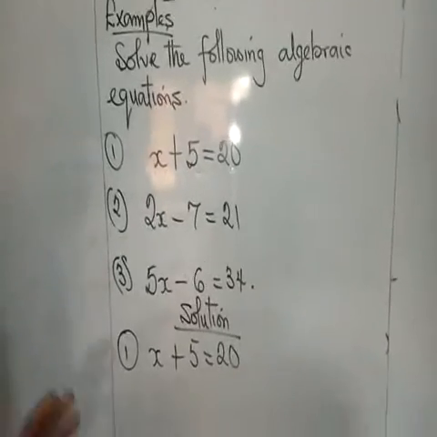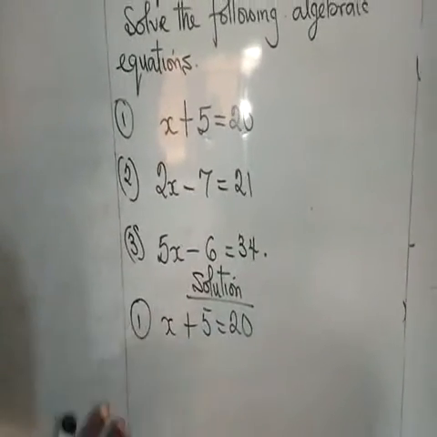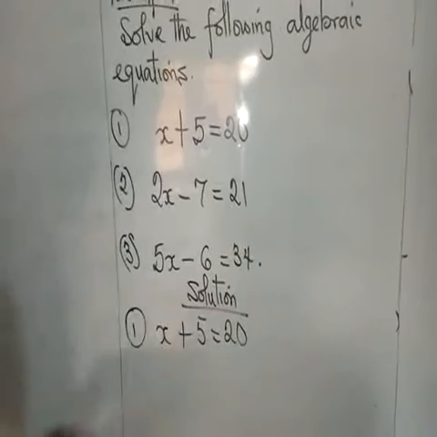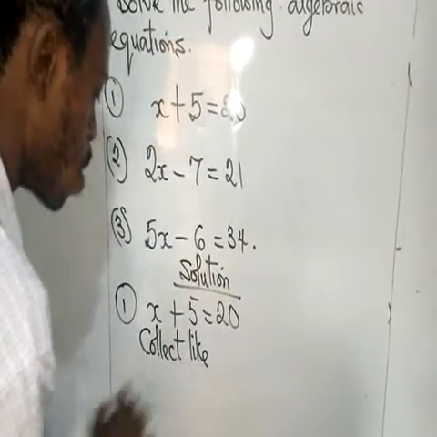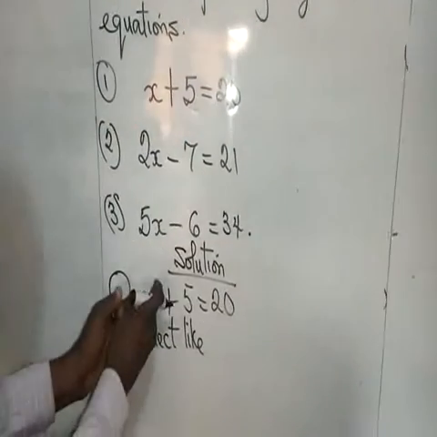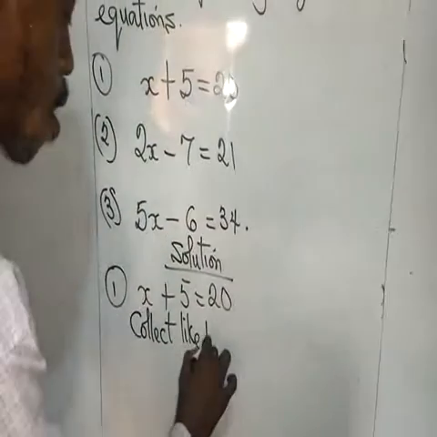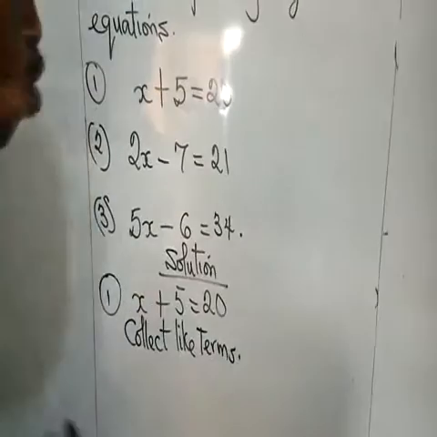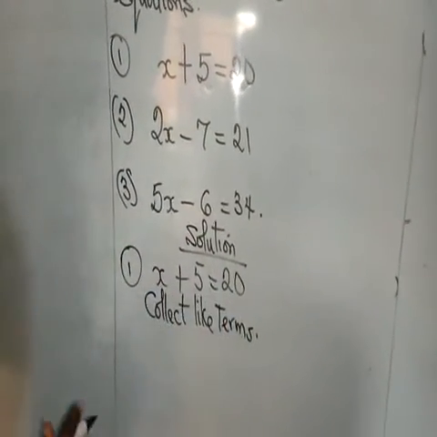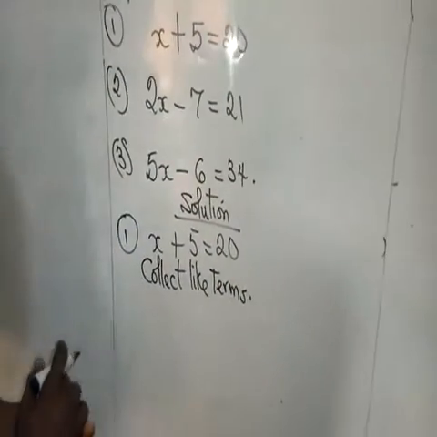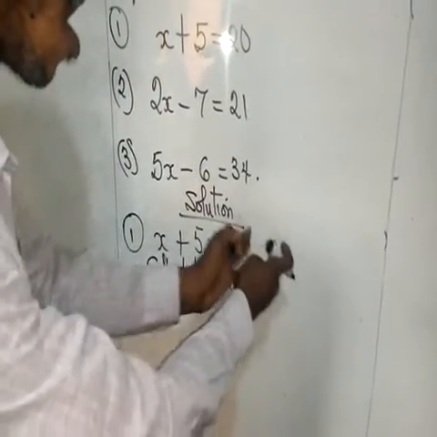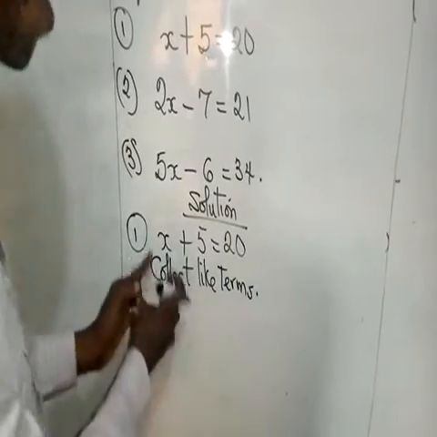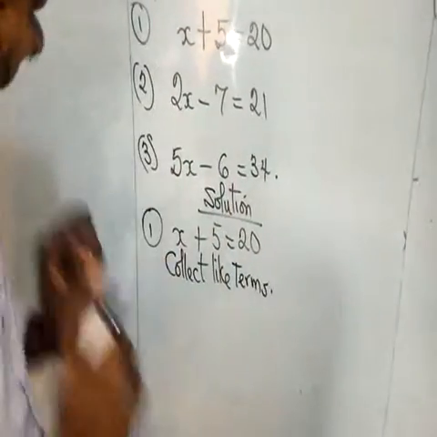Now, remember, step one, what you do is you collect like terms. If you look at this properly, you realize that x is the only letter here. Then you have two numbers here, 20 and 5. Collecting like terms means you have to move this 5 to the other side where you have 20 in order to make x the subject of formula, to stand alone.